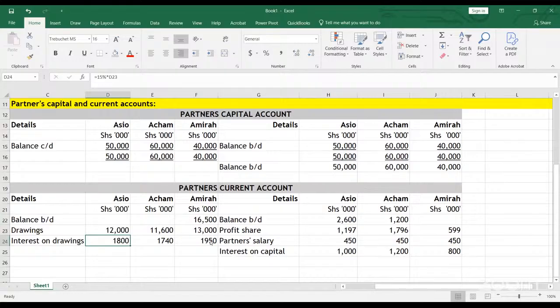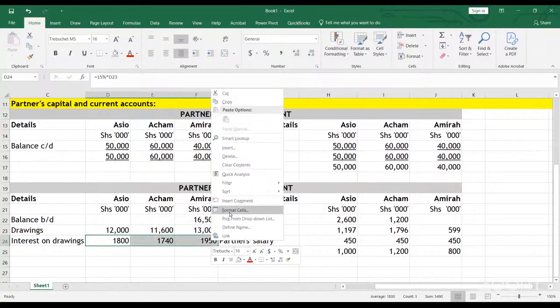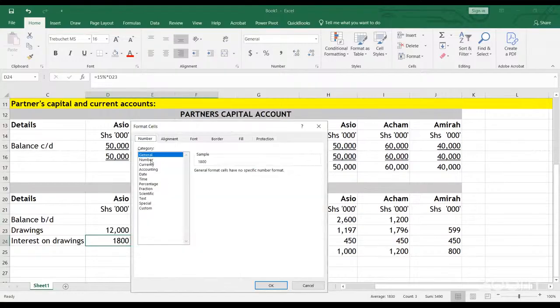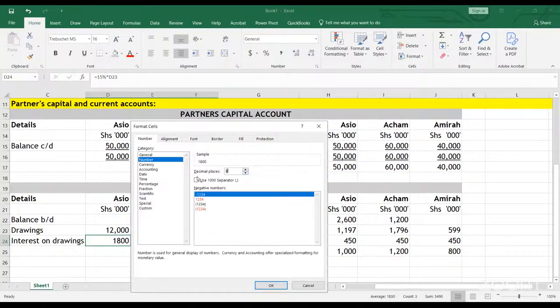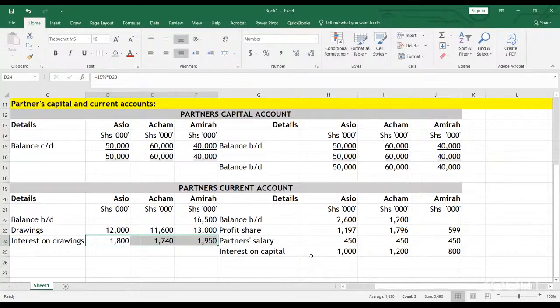These are the drawings. Now what we have to do next is to balance this account. These are the entries you make in the current account. On the credit side, we see the balance breakdowns, the profit shares, the partners' salary, and then the interest on capital. Then on the debit, that's where we have the drawings and the interest on drawings.